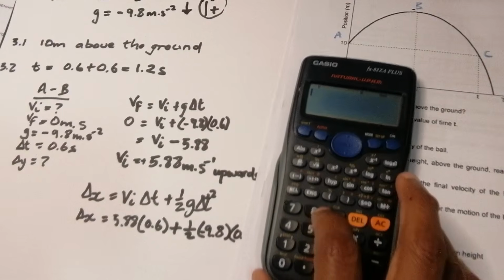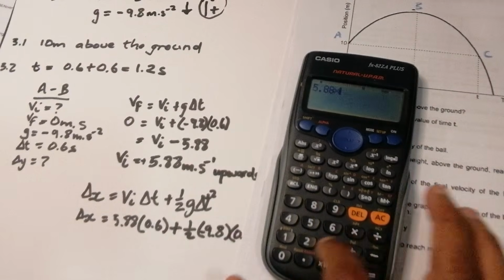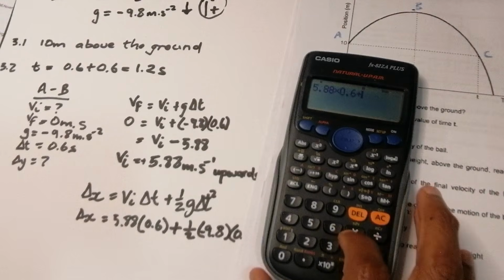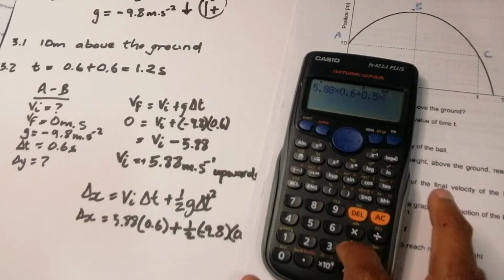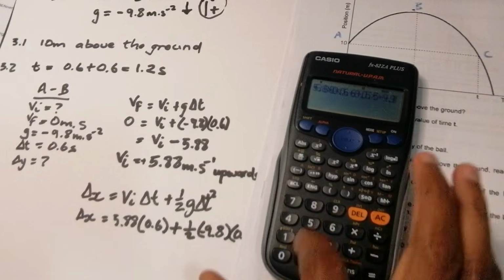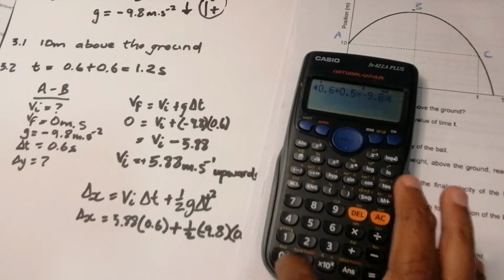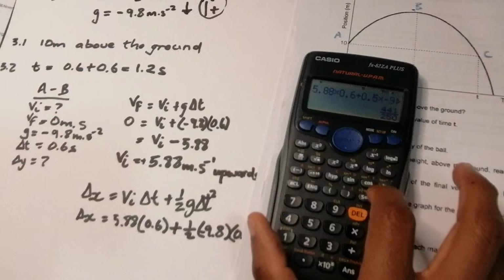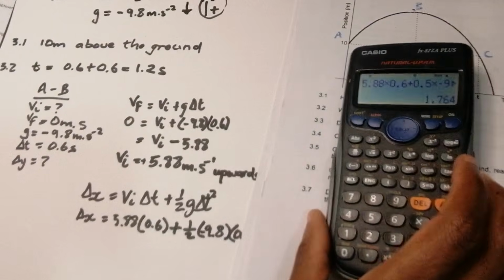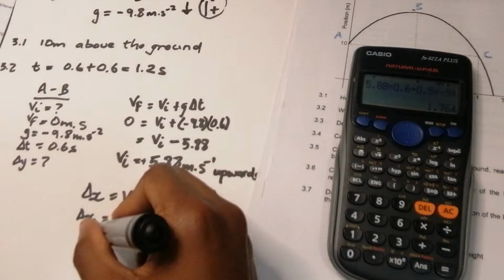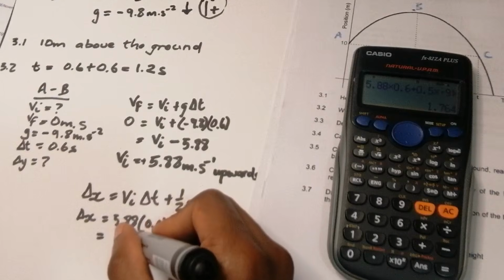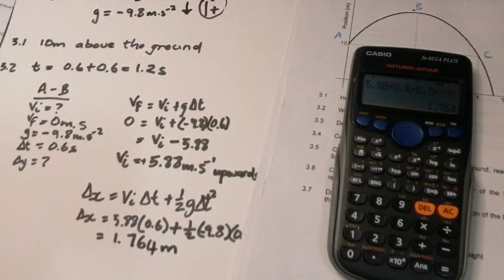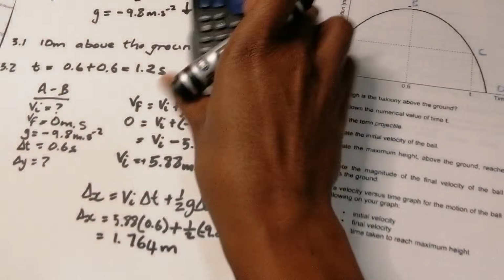That's 5.88 times 0.6, plus 0.5 times negative 9.8 times 0.6 squared. I get 1.764 meters.